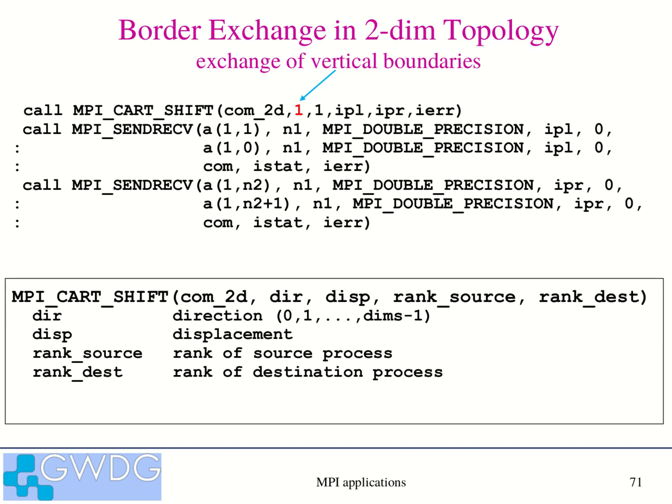The direction can be one of the numbers from 0 to dimensions minus 1, where dimensions is the dimension of the Cartesian grid. Okay. And this is the rank in the linear numbering of the processes.